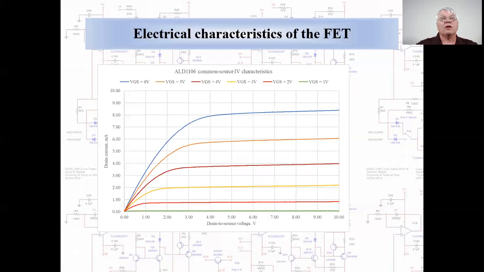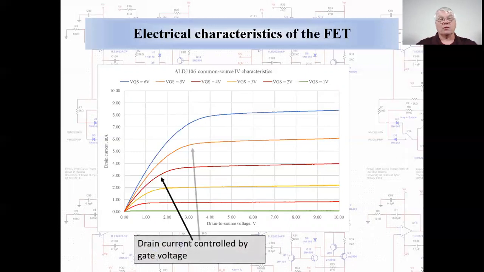Now here we have the measured electrical characteristics of an N-channel FET or NMOS device, showing drain current in milliamperes versus drain voltage. Both the source and the substrate were at 0 volts when these characteristic curves were measured. There are 6 curves, 1 for each gate voltage, from 1 volt to 6 volts in steps of 1 volt.